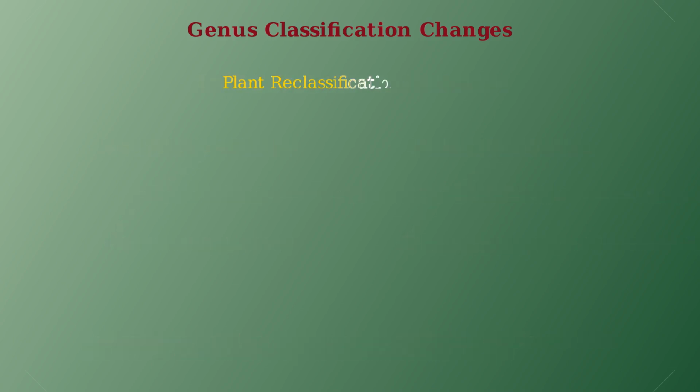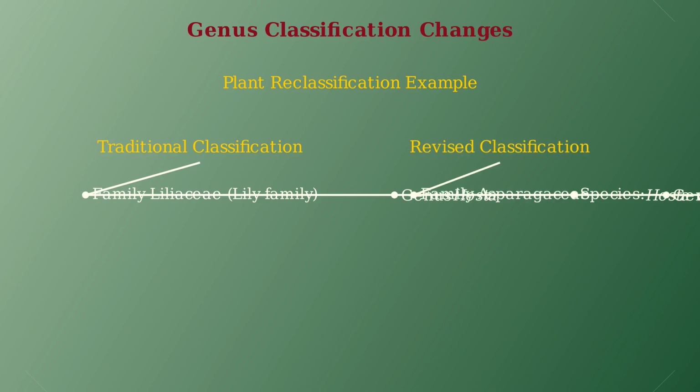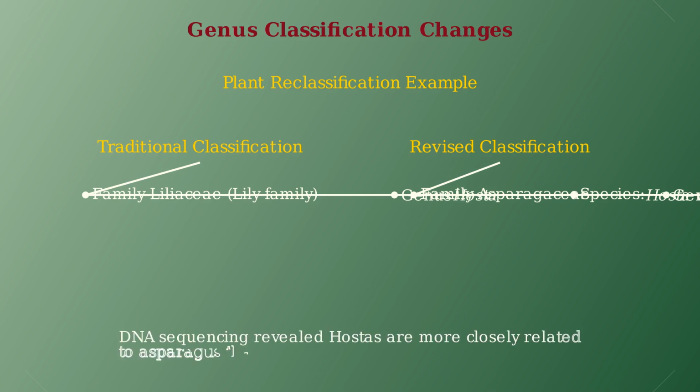Plant classifications have also undergone significant revisions. Hostas were traditionally placed in the lily family Liliaceae. However, DNA studies revealed that hostas are actually more closely related to asparagus than to true lilies. As a result, they were moved to the family Asparagaceae, though the genus name Hosta remained unchanged.